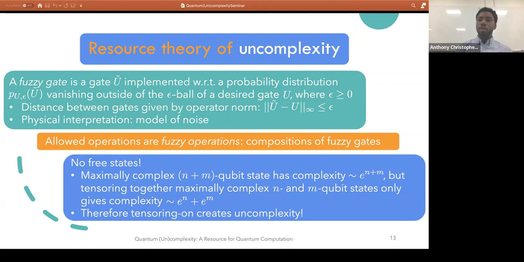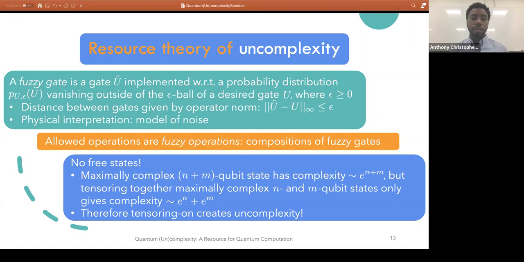That's not as obvious, and I didn't put it into the slides. I can give you the reference after. But even with the maximally mixed state, you still have this issue. So it's still true that there don't exist free states within the theory, and perhaps we can follow up later.